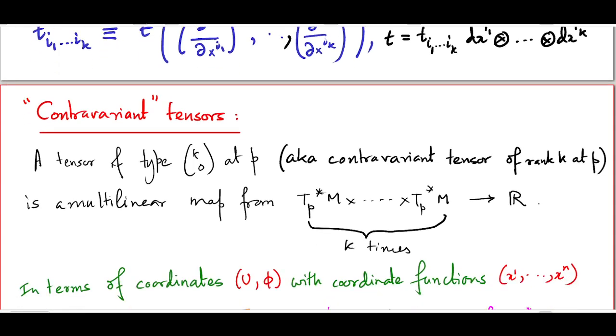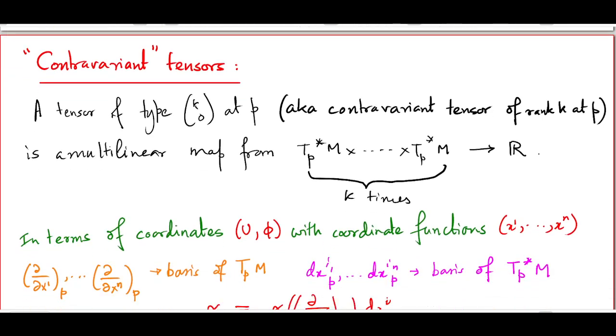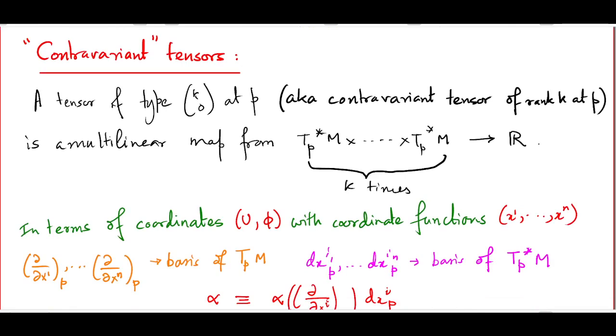Now, when we have a coordinate system in play, a coordinate system (U, phi), with U being the domain of the chart and phi being the map, with coordinate functions x1, x2, xn making up the map phi, we know that TpM, the set of all tangent vectors at the point p of the manifold, has a standard basis in terms of these coordinate functions.